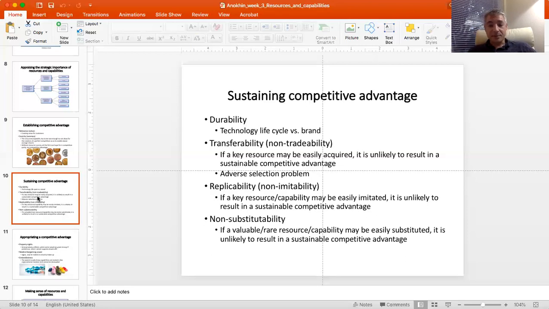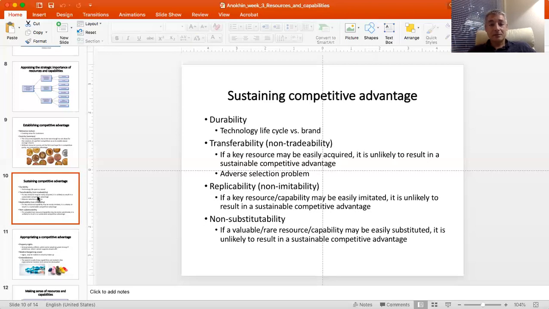And again, the flip side is non-imitability. The idea here is that if the resource or capability may be easily imitated, it is unlikely to result in a sustainable competitive advantage. So what if you have some unique resource and no one can get access to it, if it can be replicated or imitated by someone else, right?